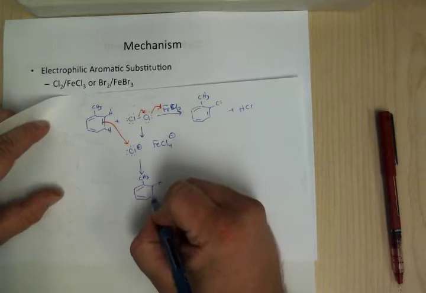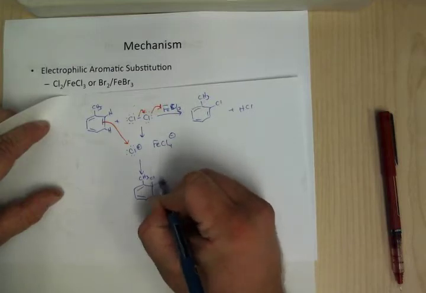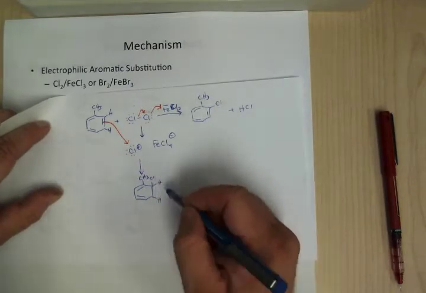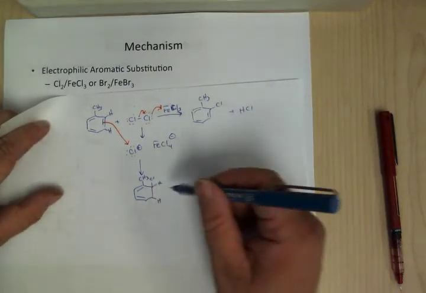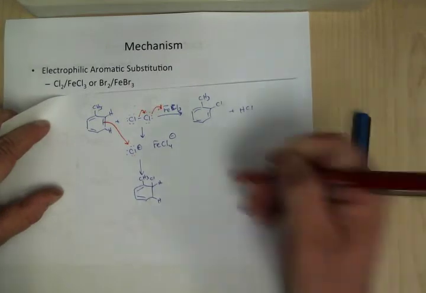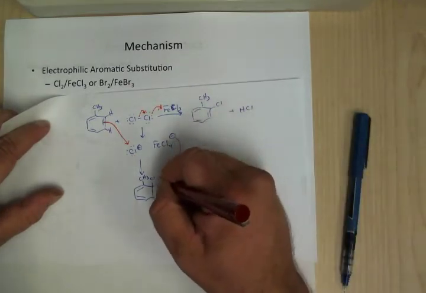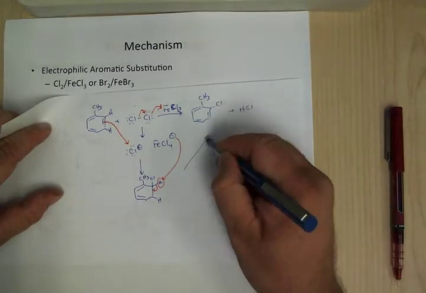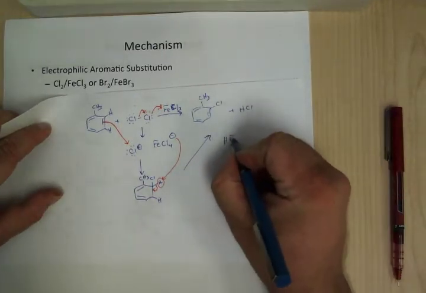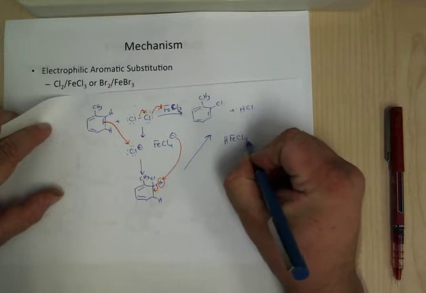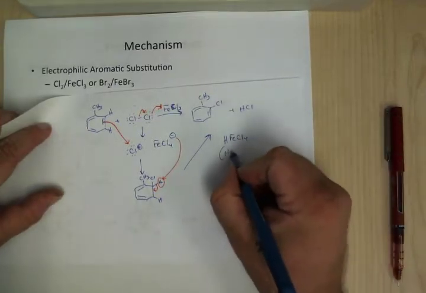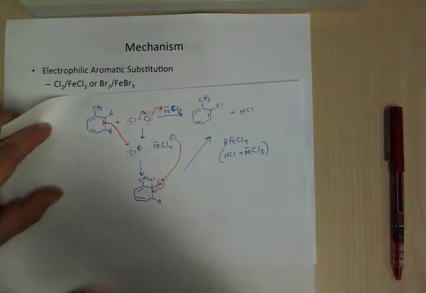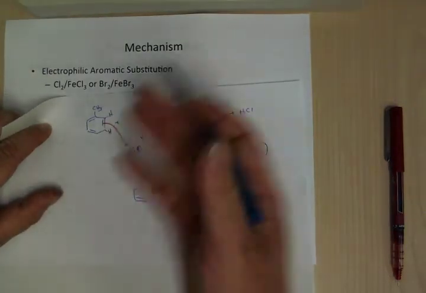There's still that hydrogen there, and there's also the chlorine. I showed you had to put it here, so definitely has to go there. So we need to reestablish the benzene and get rid of that hydrogen. This thing comes and attacks, grabs that hydrogen, those electrons collapse down to remake this. You end up making FeCl4 like this, but this is just HCl plus FeCl3, and you reset your catalyst. Bromine's going to work the same way. You just have bromines instead of chlorines.